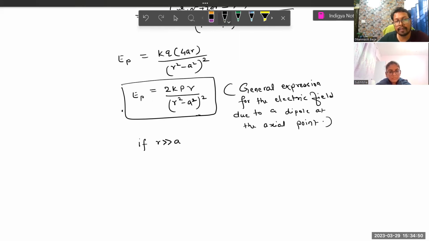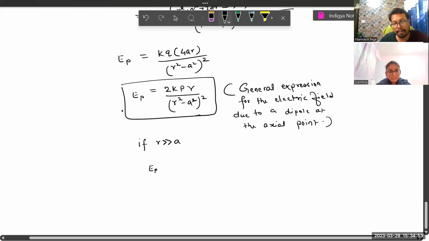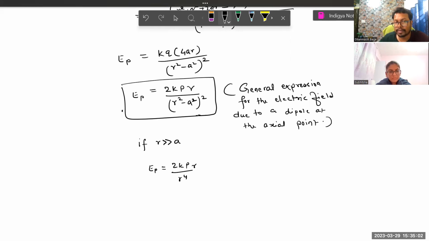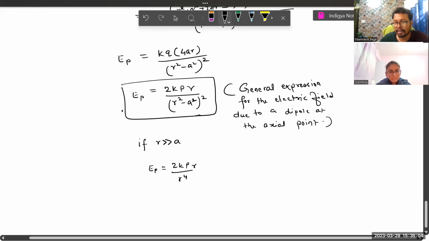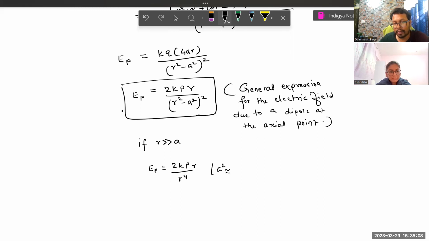The field will become, EP will become 2KPR by R4. A square will become totally zero, right? In that case, because A is negligible, A square will come out to be approximately zero. Negligible, or not zero, we will simply say negligible.